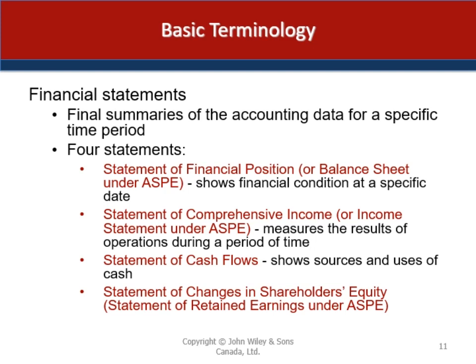So we'd basically credit the opening balance to get rid of it, and we would debit the closing balance, which we just went and counted and revalued at the end, and the balance would go to cost of goods sold. The ending amount of the inventory would be determined by a physical count, and it would be the amount that would actually be included on the statement of financial position or the balance sheet.